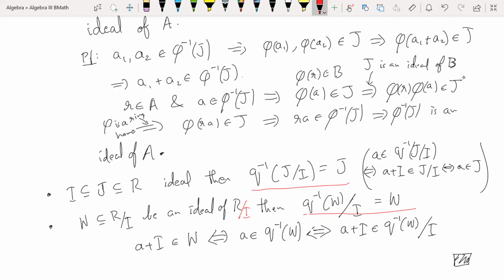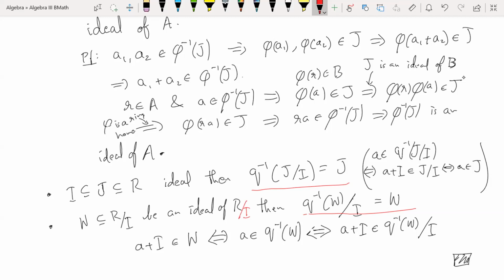So you take some element in W, for instance a plus I. Then a plus I belongs to W if and only if a belongs to Q inverse of W, because Q of a is precisely a plus I. And conversely, if a belongs to Q inverse of W, then a plus I belongs to W. So both implications are true.